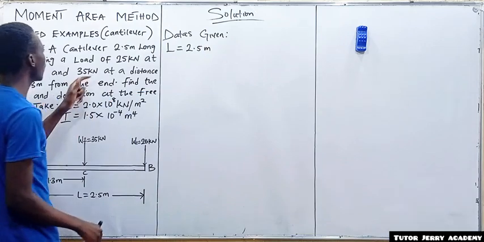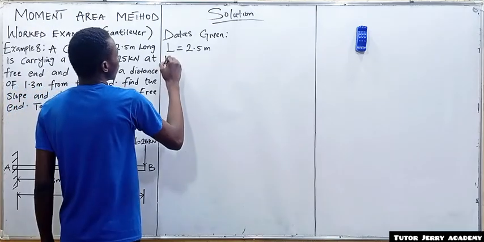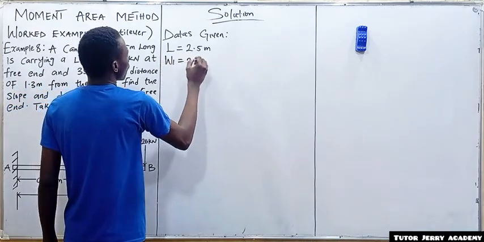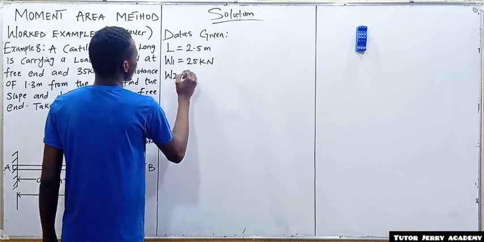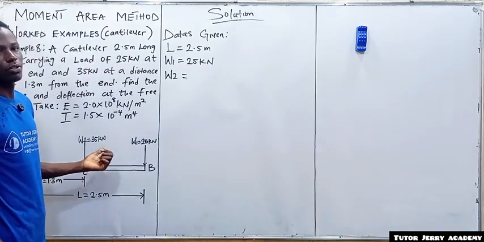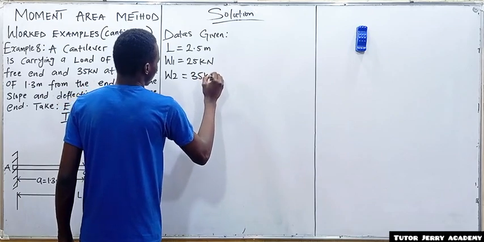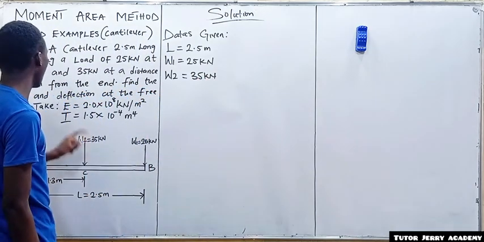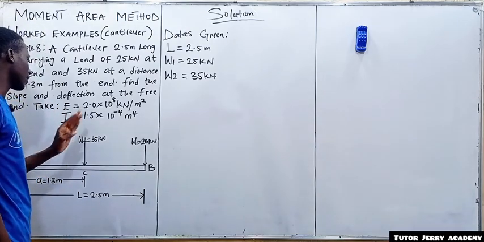It's carrying a load of 25 kilonewton, so let W1 be equal to 25 kilonewton, and W2 to be equal to 35 kilonewton. What do we have next? We have our moment of inertia I and our modulus of elasticity E.